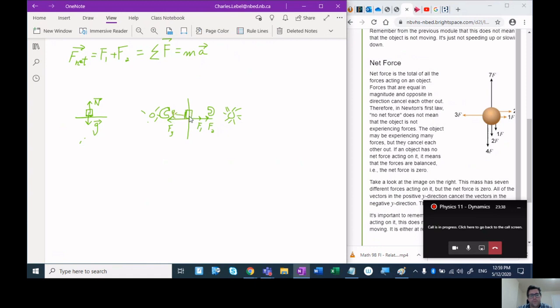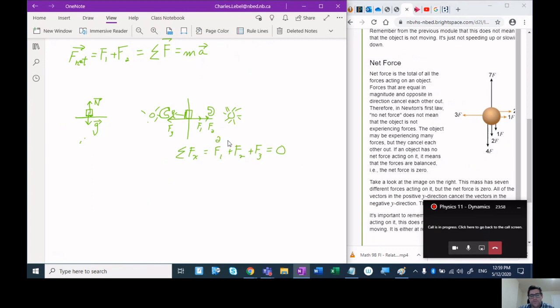I just want to show you, there comes a point where if you add the forces in X, you have F1, F2, and F3. And maybe it becomes 0.